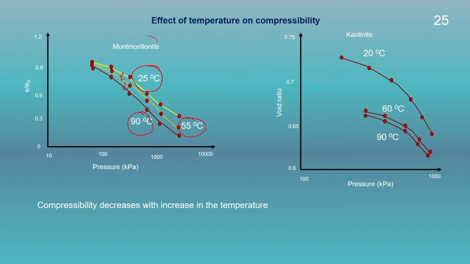So, here we could see this is for the montmorillonite, and when we compare the void ratio for kaolinite samples also, we could see the compressibility of the kaolinite will also decrease with increase in the temperature, and the soil heated at a lower value of temperature will have a higher value of compressibility, and as we increase the temperature, the compressibility of the soil will decrease.